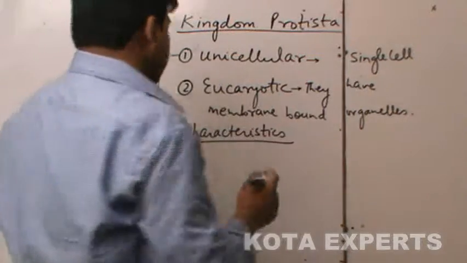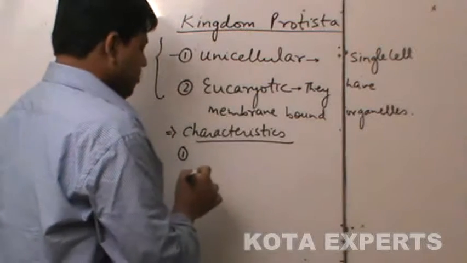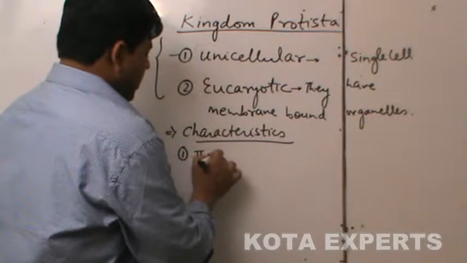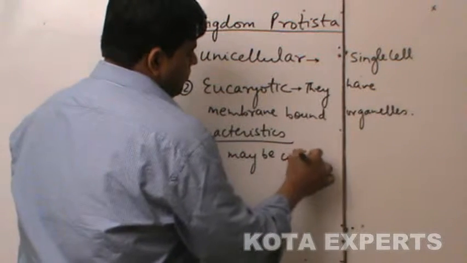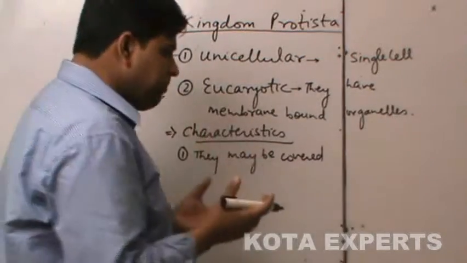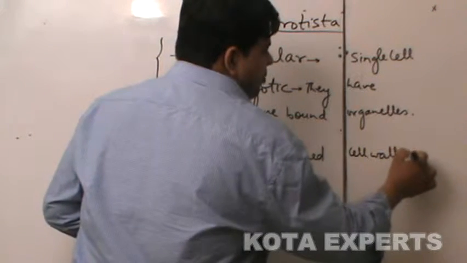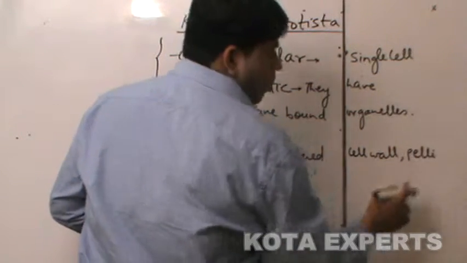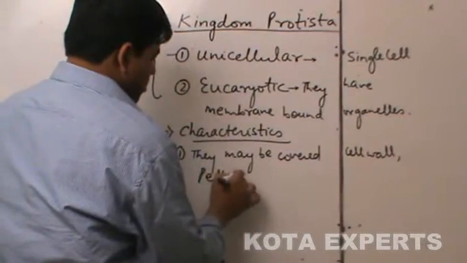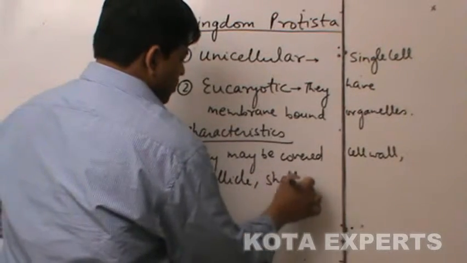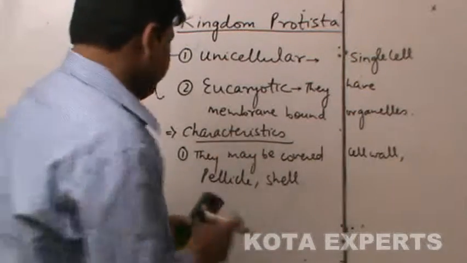Apart from this, all the organisms of kingdom Protista may be covered, meaning they can be enveloped, by a cell wall or pellicle or shell. So they may be covered by a cell wall or pellicle or any type of shell.